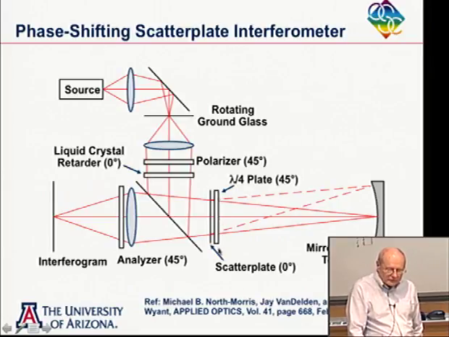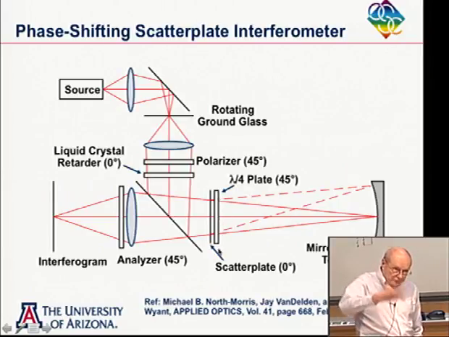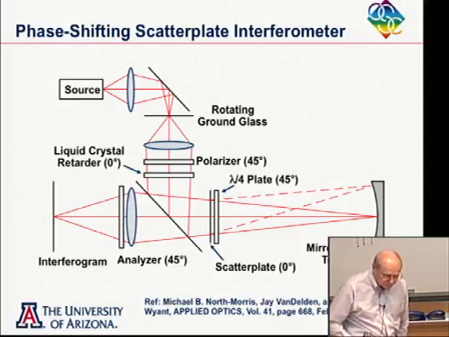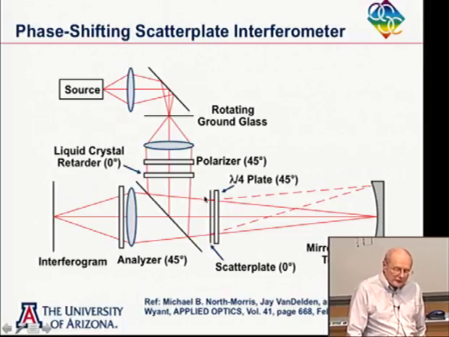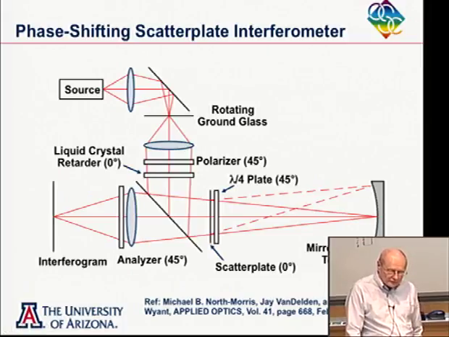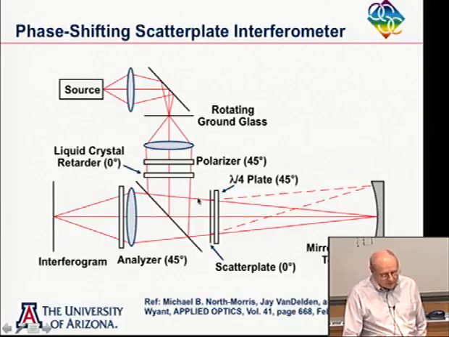Going through this quarter wave plate twice, we switch the S and the P. And so what was originally S was scattered the first time through, when we come back, what was originally S is now P, and it will not be scattered. What was P will now be S, and it will be scattered.